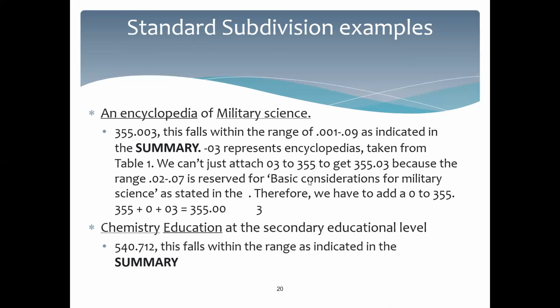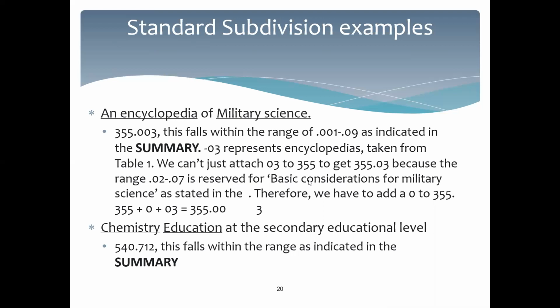We have an example of military history, and that is 355.003, which falls within the range of 001 to 009. That's in the summary. 03 represents encyclopedias, and that's taken from Table 1.